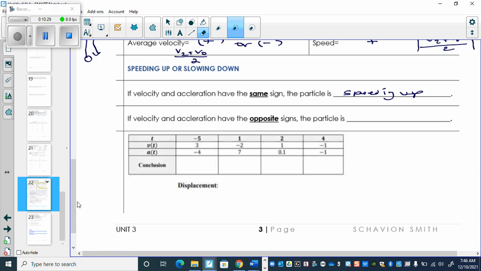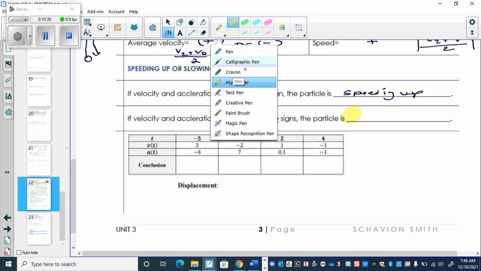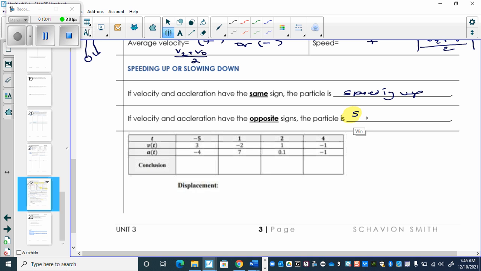So if the velocity and acceleration have opposite signs, the particle is slowing down. And obviously, when this guy throws it up into the air, it eventually slows down enough to stop and then comes back, crashing to the earth. So let's draw some conclusions. Here, I'm just going to highlight the same signs.